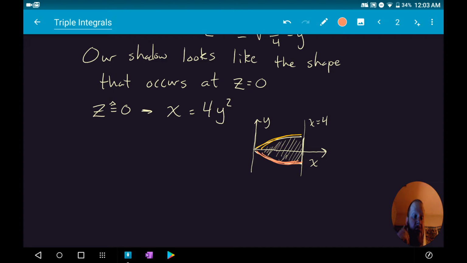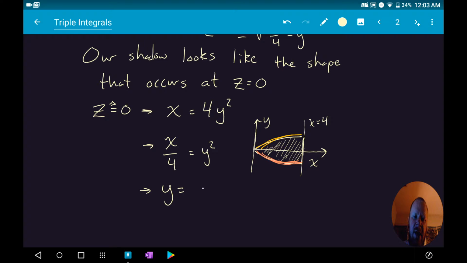We could also decide to split this up into this curve and this curve here. But I think I'm going to do it this way. I'm going to say this is a top curve and a bottom curve here. And if I want to figure out what those curves are, just a little bit of algebra will do that. Taking this a little bit further, x divided by 4 is equal to y squared.